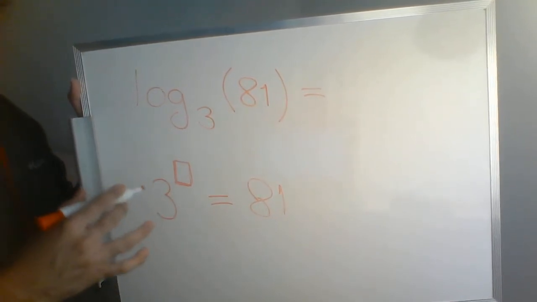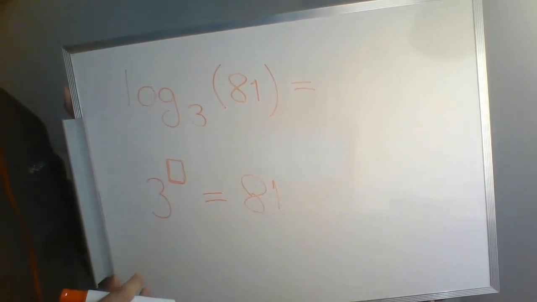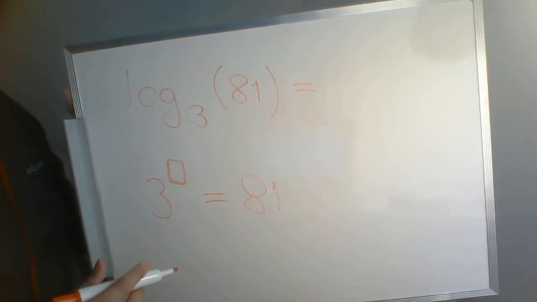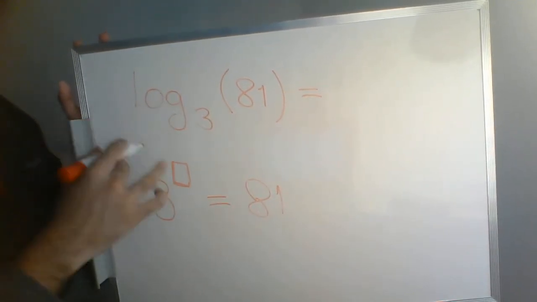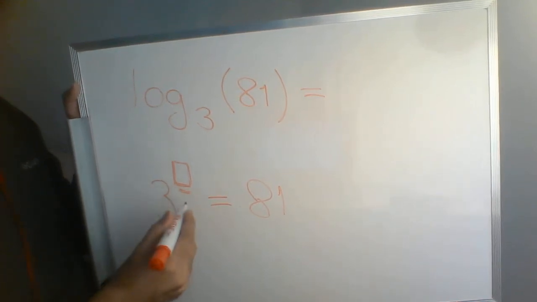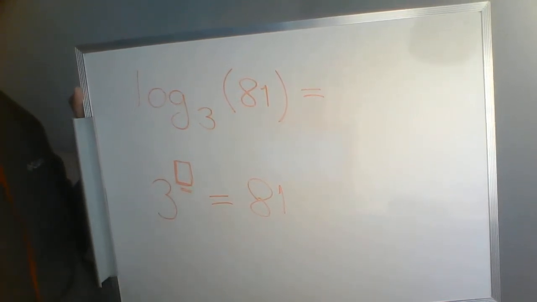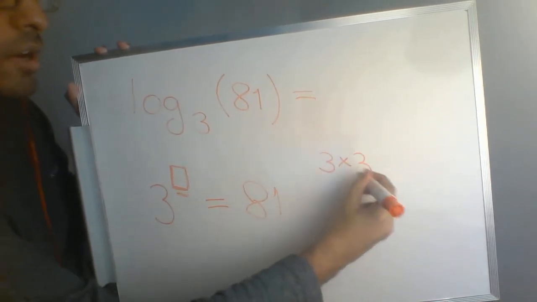I'm going to stop with the question marks just because I don't really like using them, so I'll use boxes. Maybe at some point I'll switch over to letters. But basically, it's the same idea as what we were talking about before. So it's 3 raised to some exponent is going to equal 81. And the way we can figure out what that exponent should be is we'll just multiply a whole bunch of 3's together and see what our answer is.